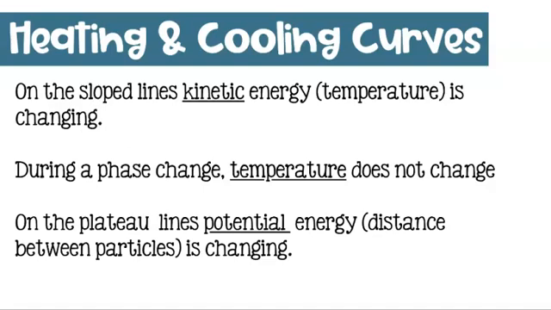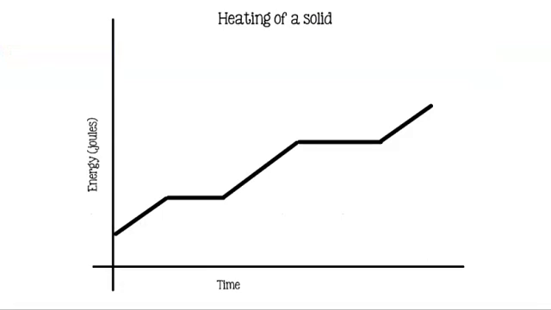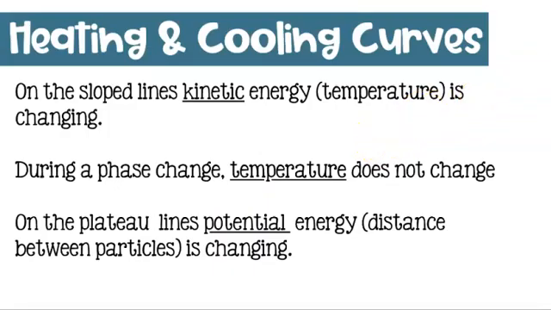On the sloped lines, kinetic energy is changing, so the temperature is changing whenever we have a slope. For example, if we look at this heating curve, this non-zero slope means that temperature is changing. This one means that temperature is changing, and this one means that temperature is changing. During a phase change, the temperature will not change. We will have a constant slope.